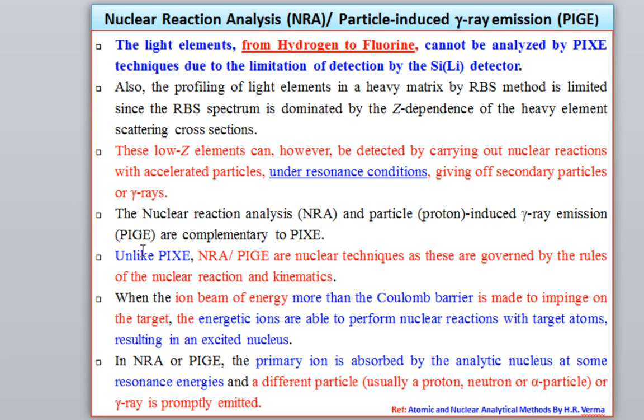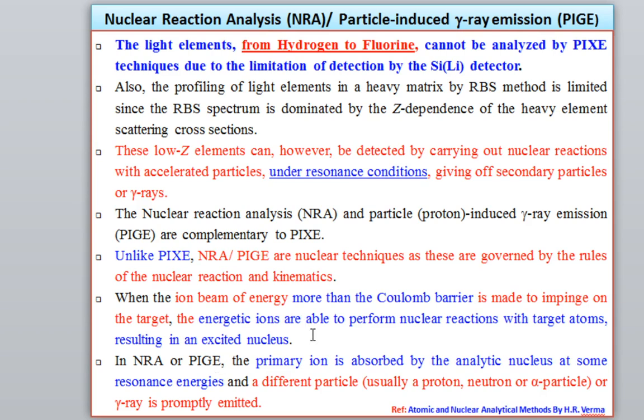However, unlike PIXE, which is not a nuclear technique, NRA and PIGE are nuclear techniques, and they are governed by the rules of nuclear reactions and kinematics. What happens when an ion beam with energy more than the Coulomb barrier energy is made to impinge on the target? The energetic ions are able to perform nuclear reactions with target atoms, resulting in an excited nucleus.